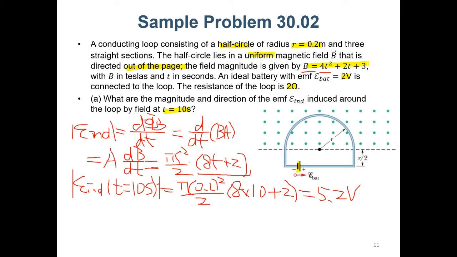This one is positive, which means that this magnetic field is increasing with respect to time. So which means that for this loop, it should generate a B field pointing into the page.